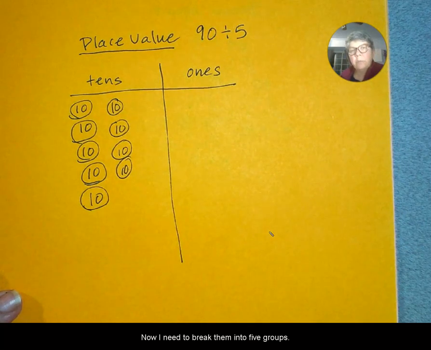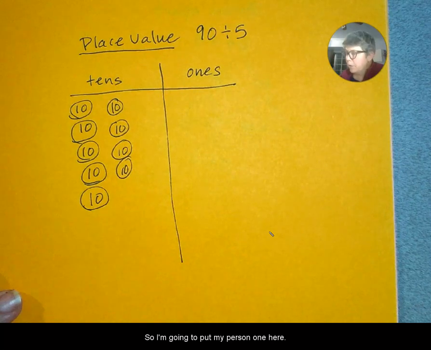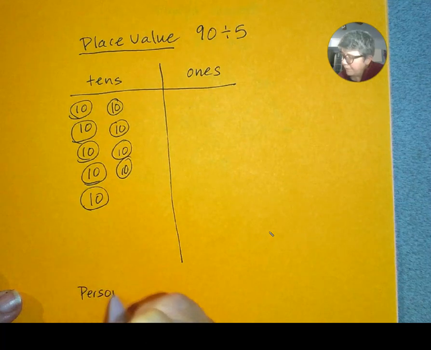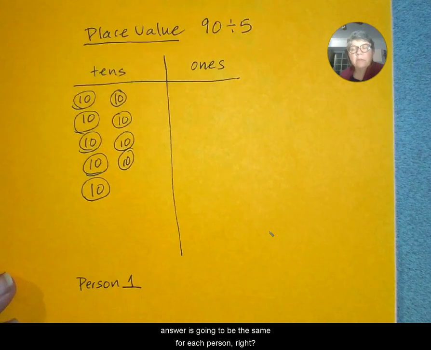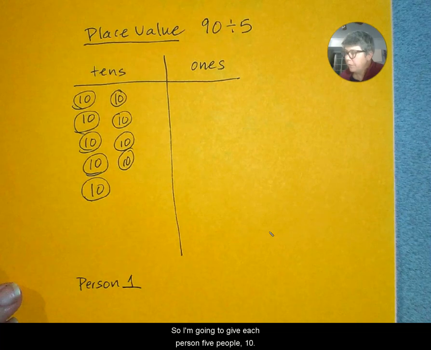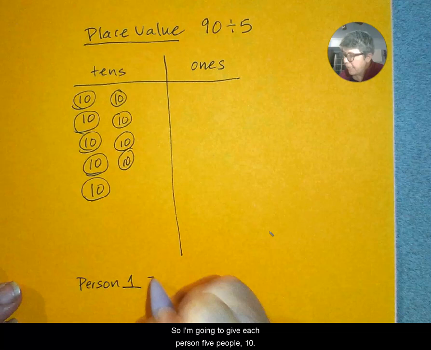Now I need to break them into 5 groups. So I'm going to put my person 1 here. I could put all my people, but we really know that the answer is going to be the same for each person, right? So I'm going to give each person, 5 people, 10.